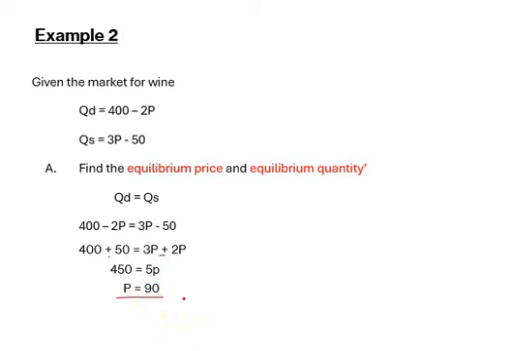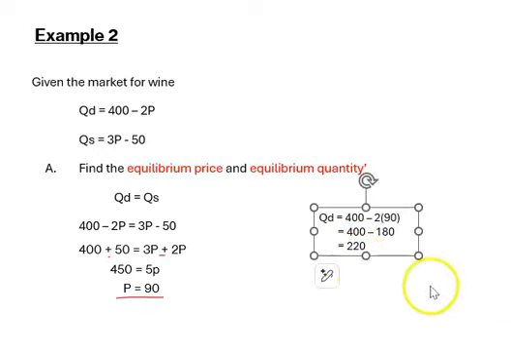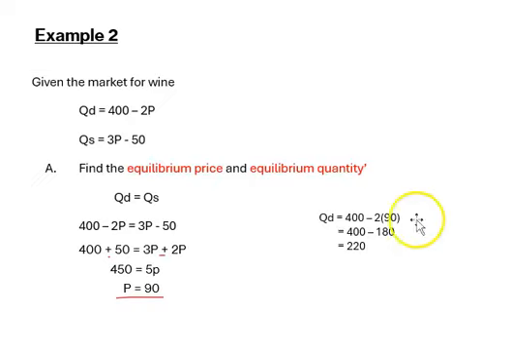And to get our quantity, we substitute p into either QD or QS, and that gives us QD equals 400 minus 2 times 90 equals 400 minus 180. It gives us a quantity of 220. And if we substitute price into QS, we get the same result, that is Q equals 220.